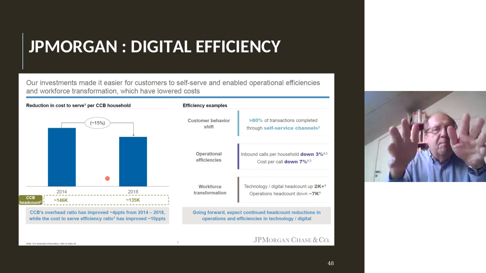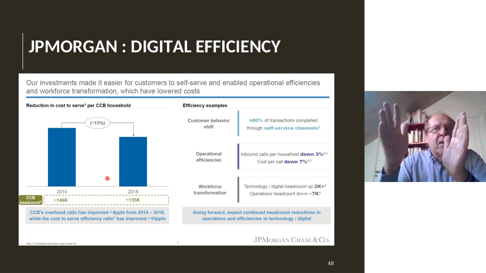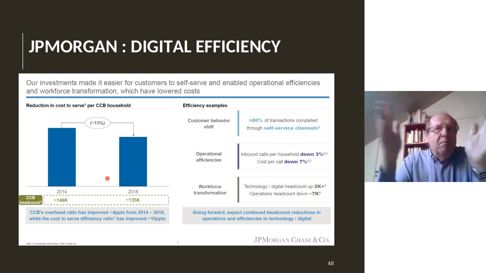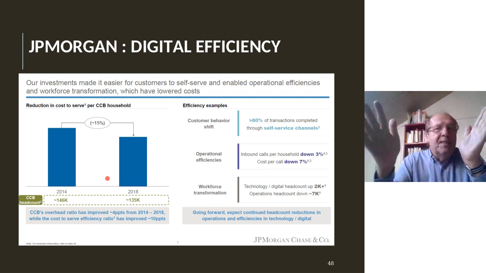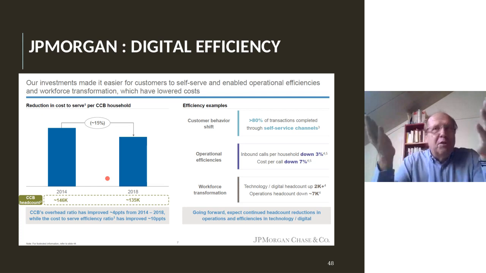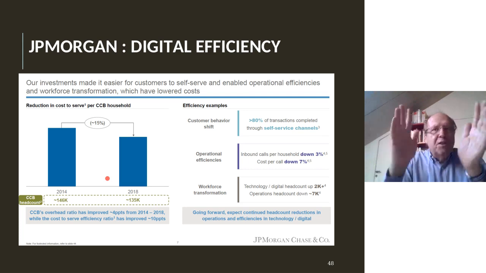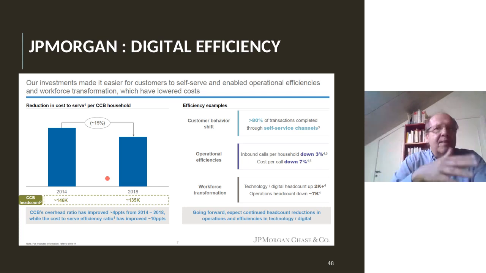JP Morgan has one of the biggest IT budgets because it's a big bank. The budget is big, but it's still impressive. It's above 10 billion USD, and they have a large number of engineers and people working in software systems, data management, data science, etc., which is impressive.